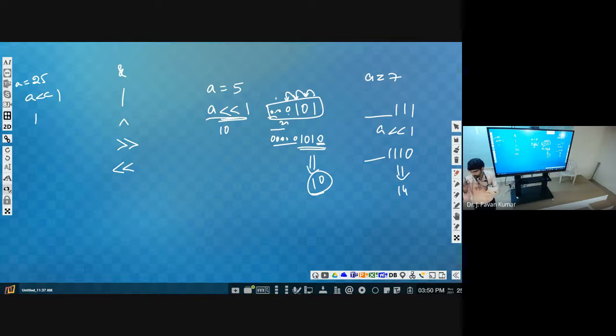What is the leftover? 9. For 9, what is the nearest one? 8. So 16 we have put, then 8 will be immediately to the right of it, so that also we have to put 1. Next afterwards 4 will be there. We are not considering 4 and 2, only 1 remaining. So 1 1 0 0 1.